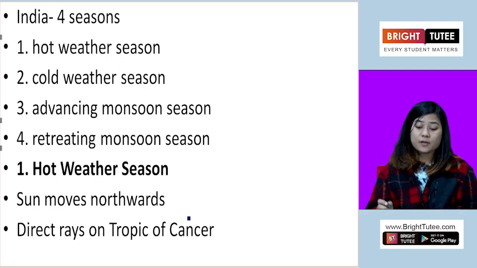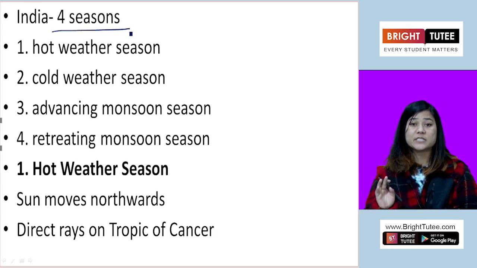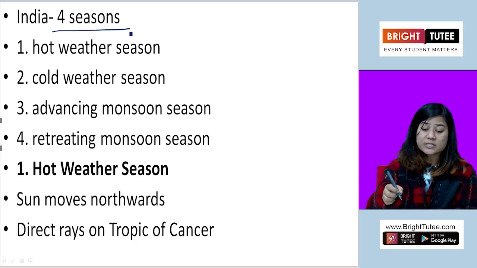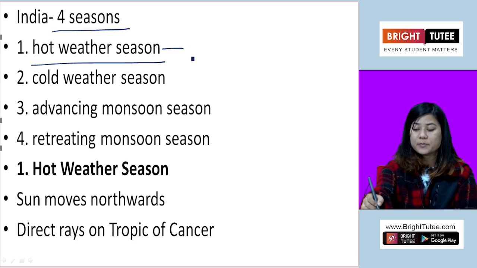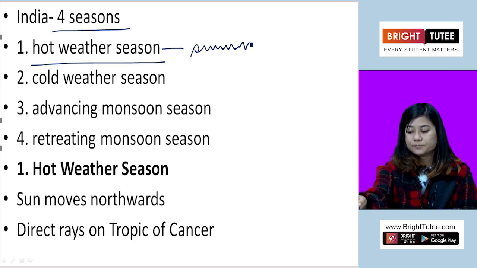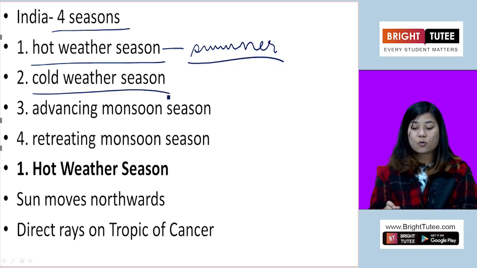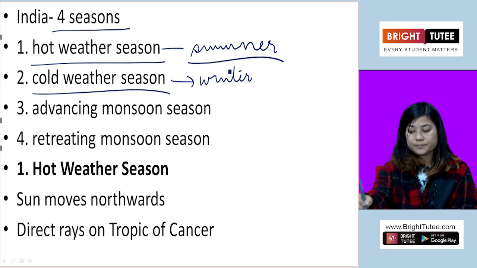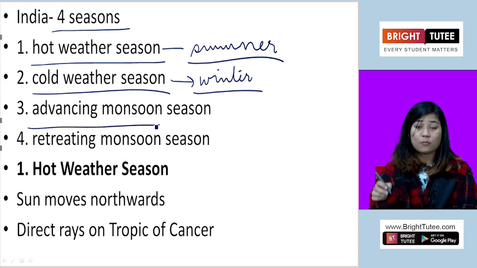So in India, we have 4 main seasons, 4 different seasons. Those seasons are, first, the hot weather season or the summer season. The second is the cold weather season or the winter season. And the third is the advancing monsoon season.